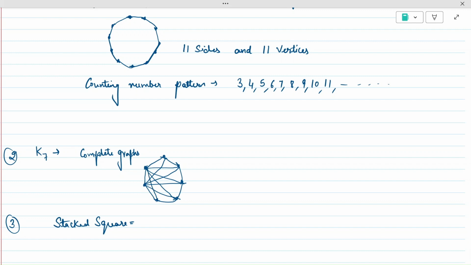This is already connected, this is already connected. This I have to connect, this I have to connect, and straight this I have to connect. So this side is done till this point. Now coming here, this particular point is connected to the adjacent point. This is connected here and here, also to this point, but not to this point.